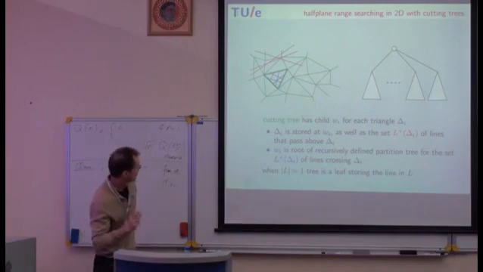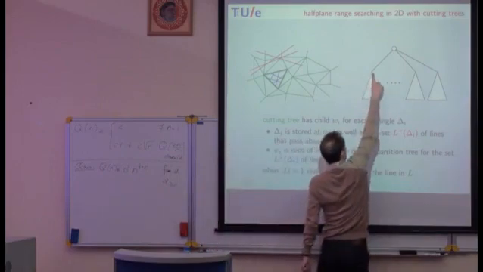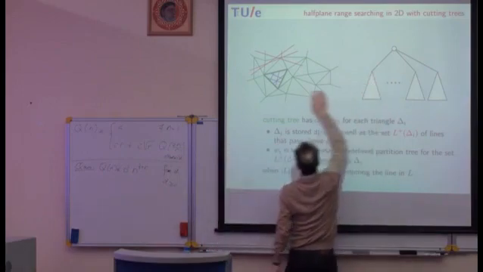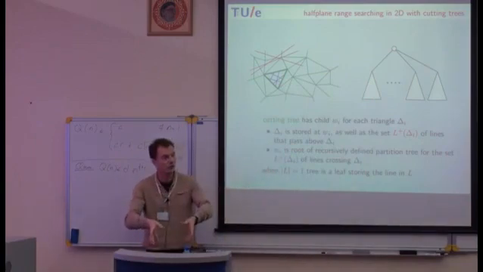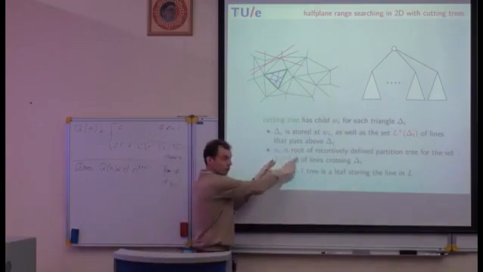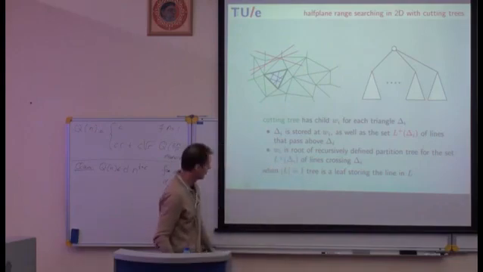Okay? And then for, let's say, this node corresponding to this triangle, I'm going to have to recursively build a structure on all the lines that intersect the triangle. Triangulate each triangle.